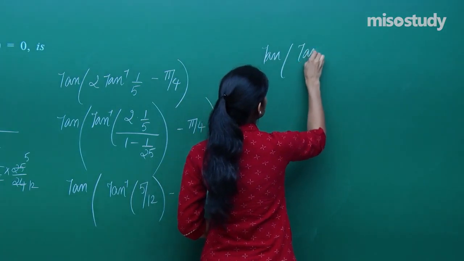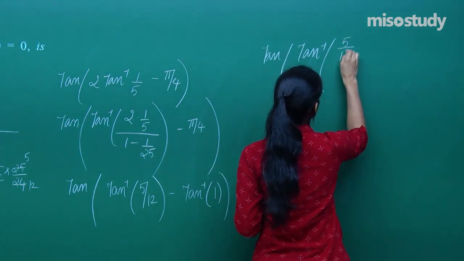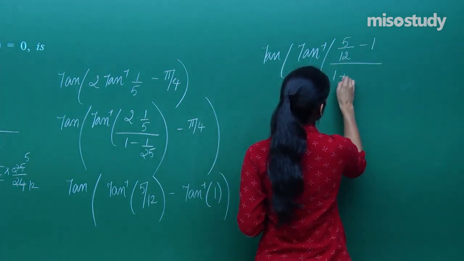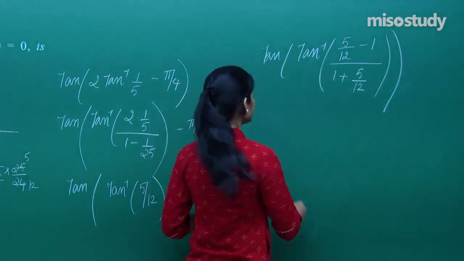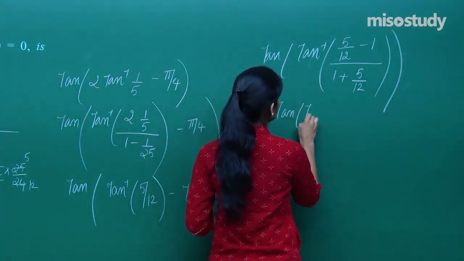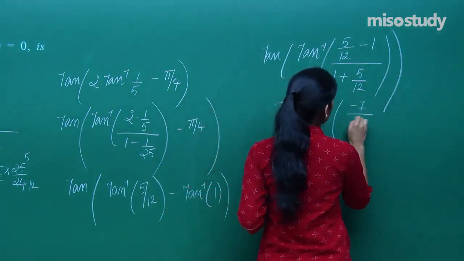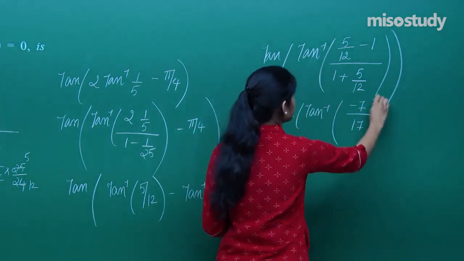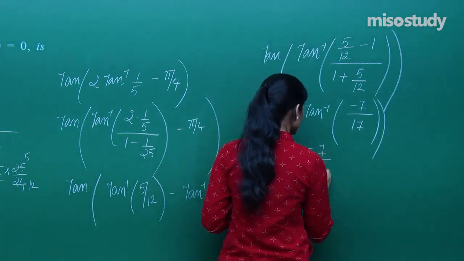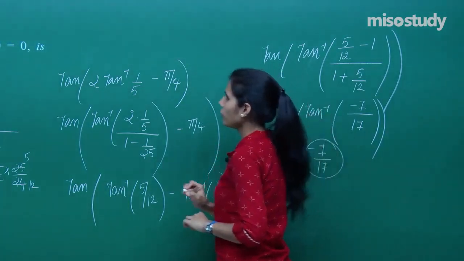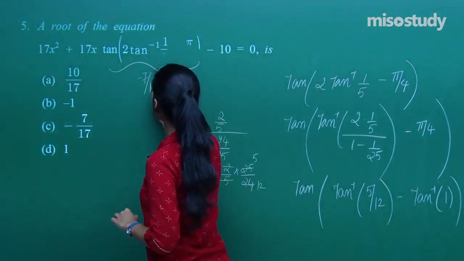It is tan inverse of A minus B upon 1 plus A into B. So 5 by 12 minus 1 upon 1 plus A into B. So this gives you tan of, tan inverse of, this is minus 7 by 17. Okay? Now over here this comes out to be minus 7 by 17, and therefore what we have obtained is that this complete bracketed term is actually minus 7 by 17.